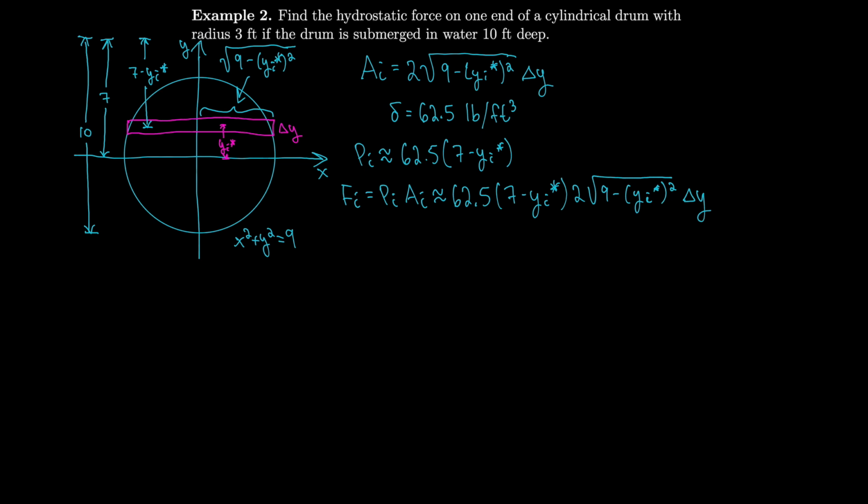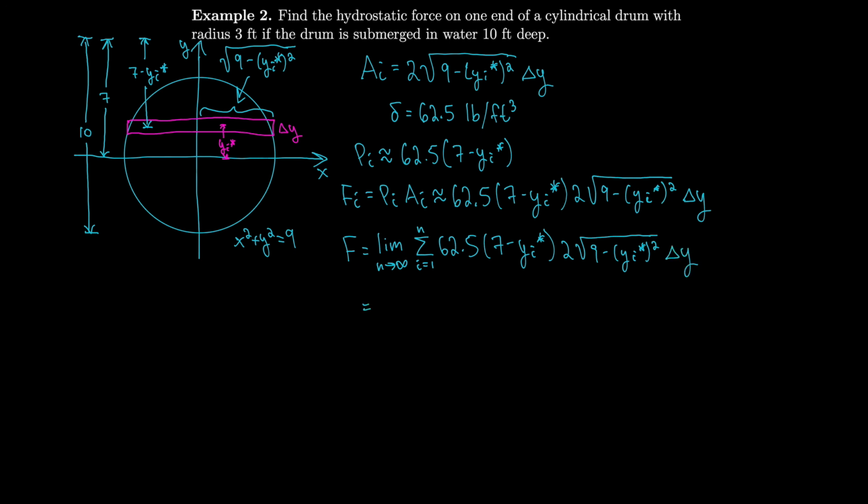I can now take my limit and get the total force. So the total force is the limit of the sum of all of these plates as I sum up more and more of these plates. Not just the area of the plate, obviously, I'm taking the entire force on each of the plates. So I get 62.5 times 7 minus yi star times 2 times the square root of 9 minus yi star squared delta y.